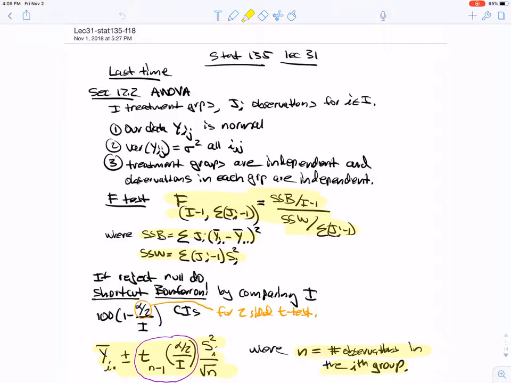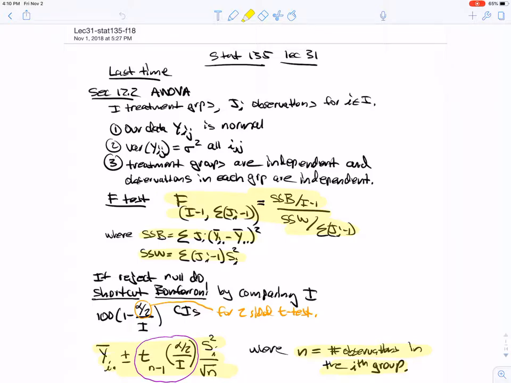So the F-test is a test statistic that follows the F distribution, which has two parameters, two degrees of freedom. For us, the degrees of freedom are going to be I minus 1, because the numerator is going to be essentially a chi-squared with I minus 1 degrees of freedom, so SSB, and the denominator is going to be a chi-squared with the sum of J_i minus 1 degrees of freedom.